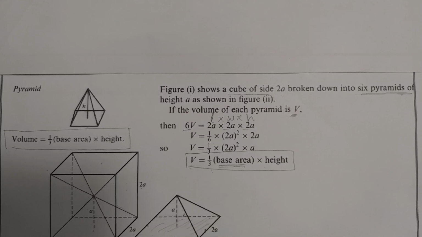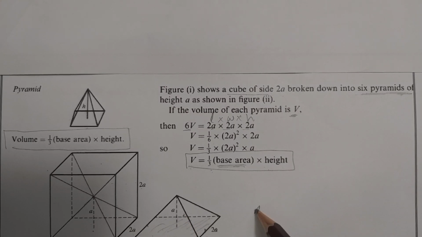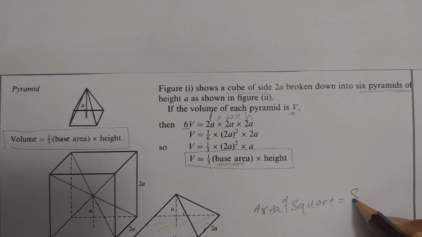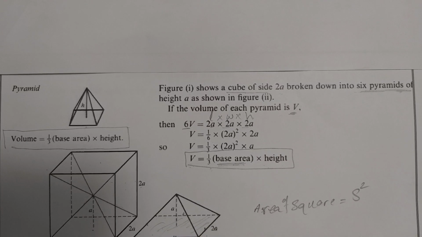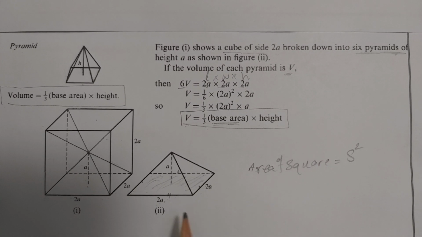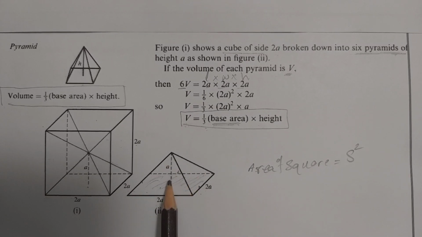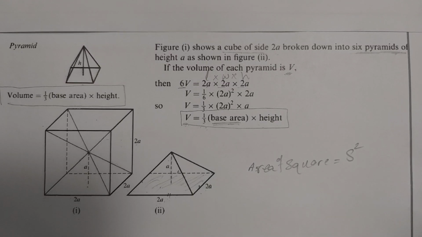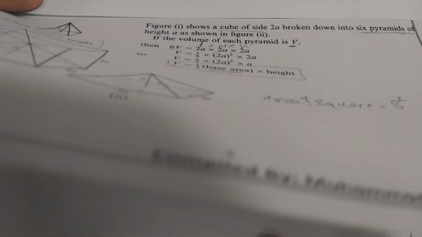The area of a square equals side squared, so when you multiply, it becomes the area of the base. If it is a rectangle, just multiply length times width, or side times side, as we did in the previous videos. So this is the area of the square times the height of the pyramid. Take 1/3 of it, and it becomes the volume of the pyramid.